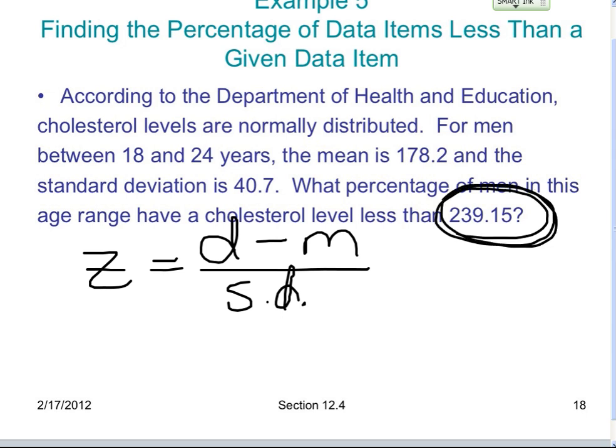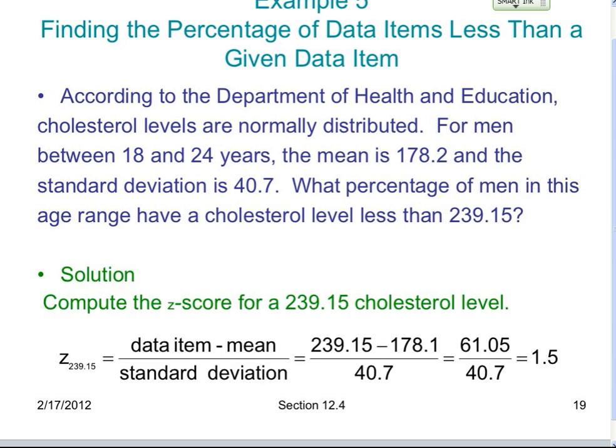This is our data item, what we're trying to figure out the z-score for. And we have a mean and a standard deviation. So we plug those into our formula and we get a z-score of 1.5.